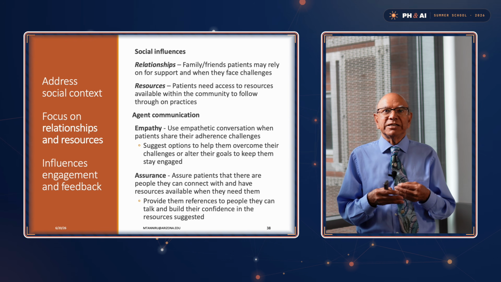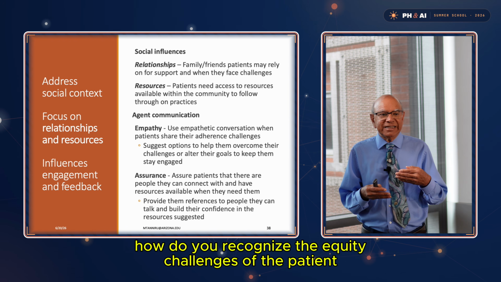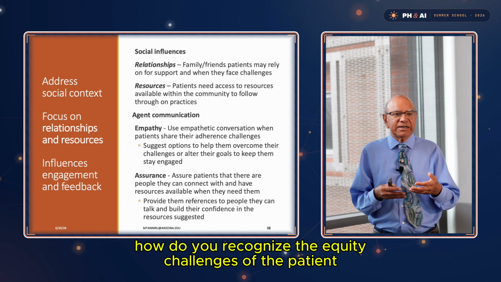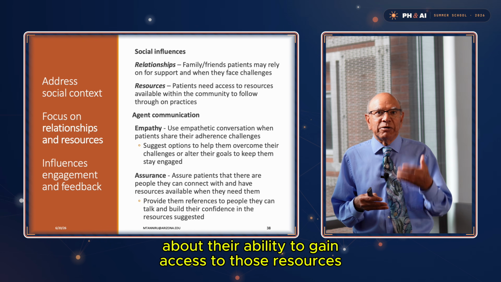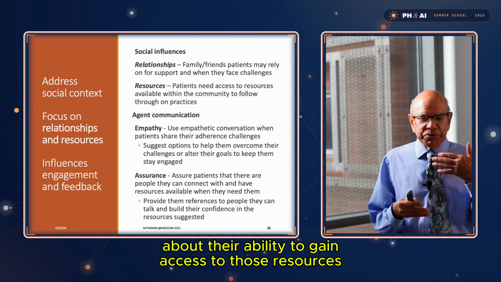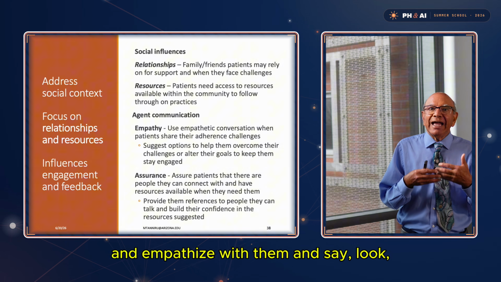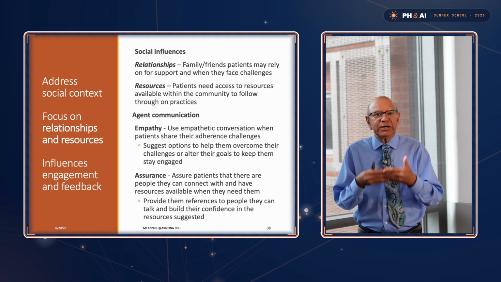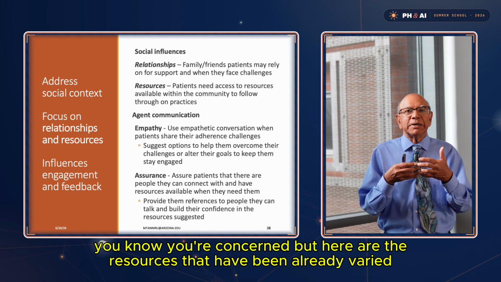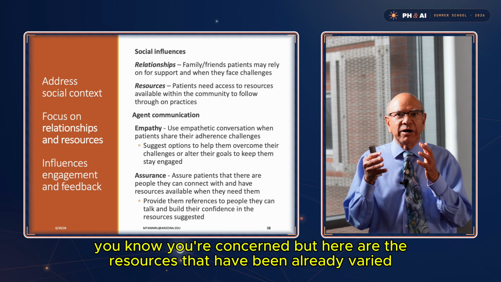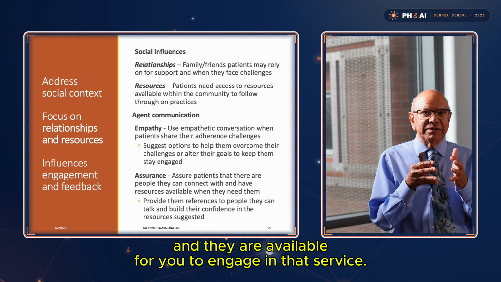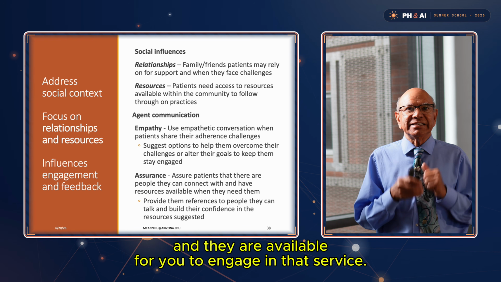So the question is, how do you recognize the equity challenges of the patient about their ability to gain access to those resources and empathize with them and say, look, you are concerned, but here are the resources that have already been vetted, and they are available for you to engage in that service.